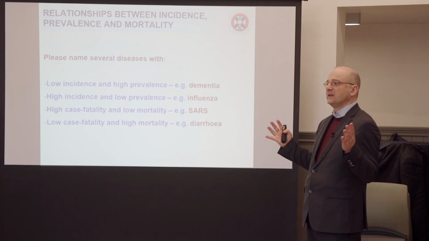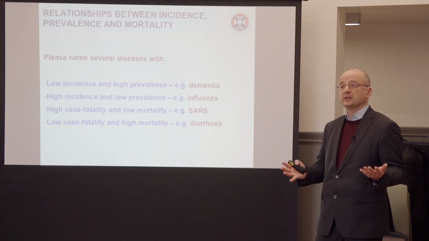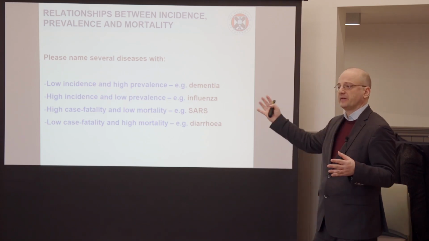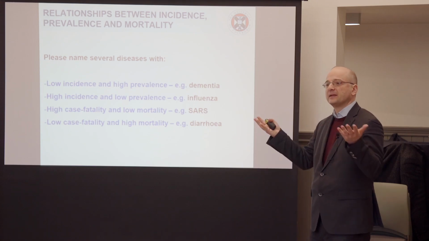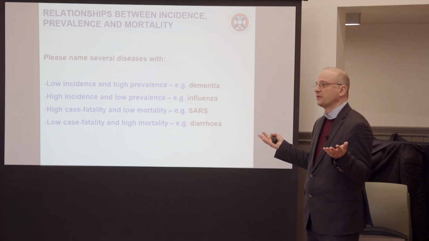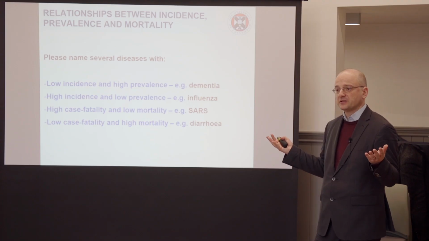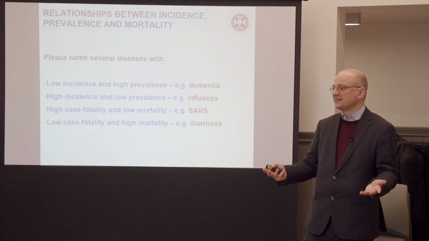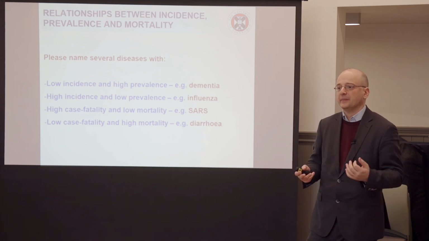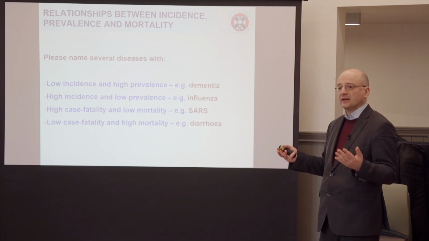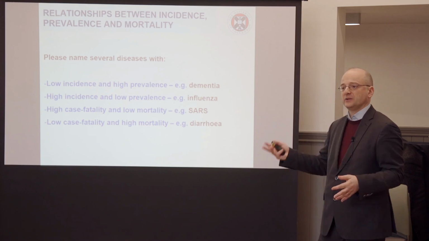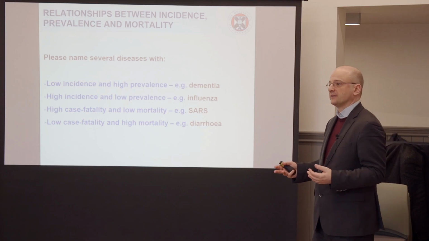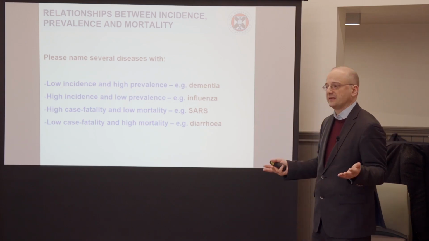Dementia is such a disease because you contract it and then you carry it for a very long time, so the prevalence can build up in older age groups to perhaps 30% in very old age groups, but the incidence is not going to be that high because it's not a disease that springs up all the time. It rarely springs up, but it accumulates because it stays with you, right? So the prevalence accumulates, but the disease rarely hits.